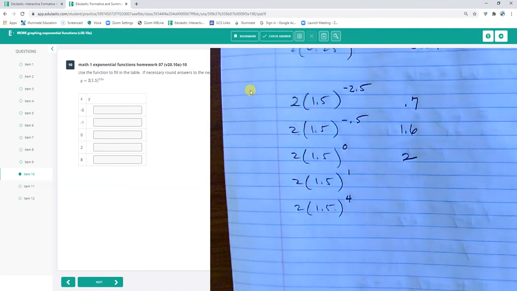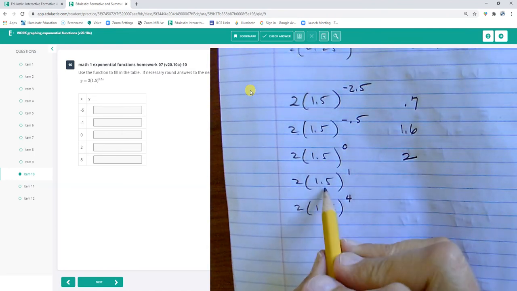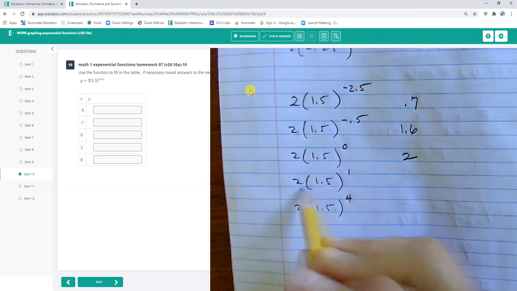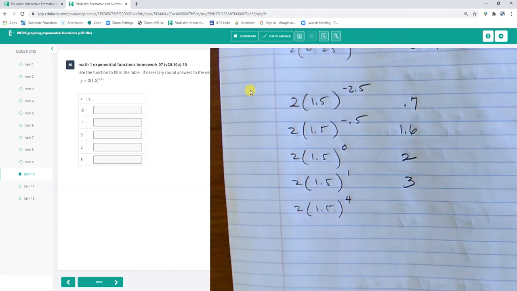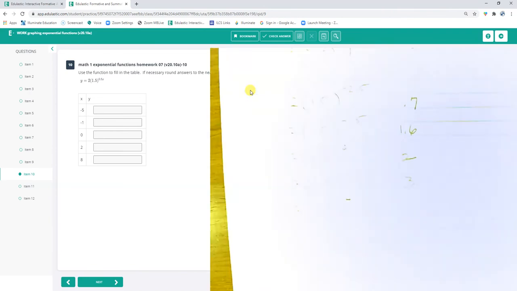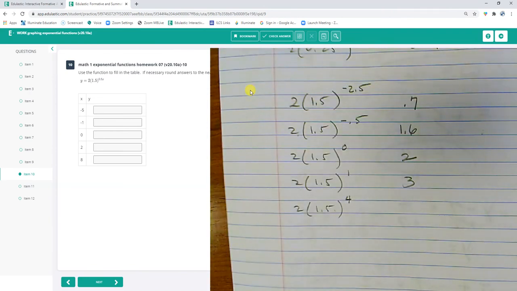My lights just went off. Anything to the first power, so 1.5 to the first, so 2 times 1.5 is 3. Gotta make that light go back on so my calculator works. So 1.5 raised to the fourth power times 2 gives me 10.1.